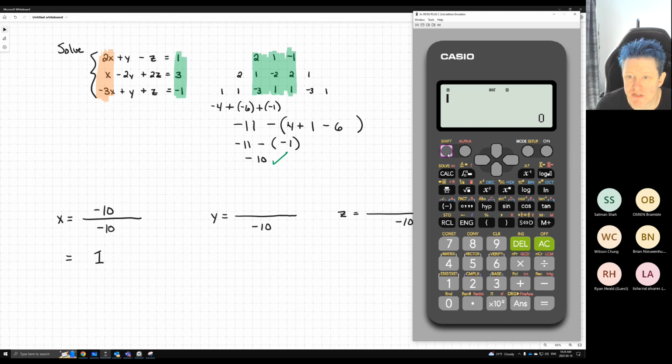Uh-oh. Let me do that again. 7 for determinant. And then we want 3. And that gives us -5. And so y is equal to 1/2.